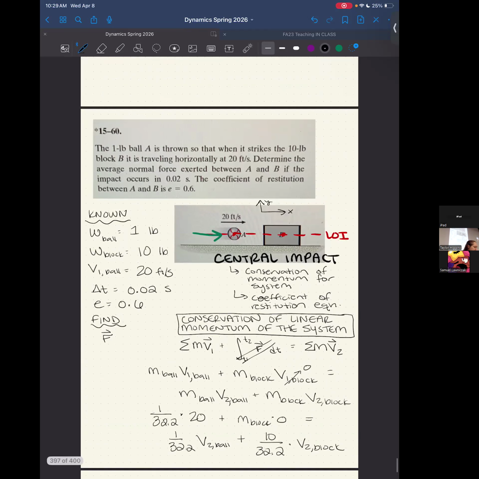Can you scroll to the question up? Why do you cross this off? Because for the system, the impulses cancel.